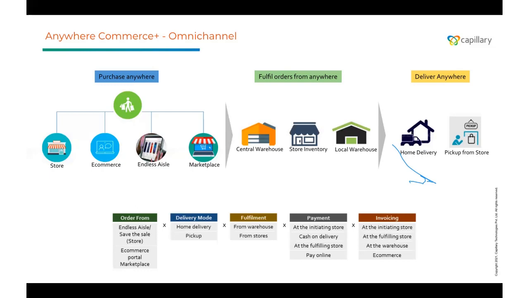It could be WhatsApp commerce also. It could be other sources where you get those orders and eventually have that single view of order fulfillment, which I'm not sure any other company is capable of doing as of now.